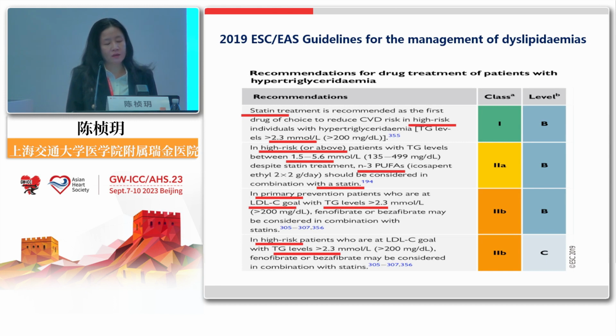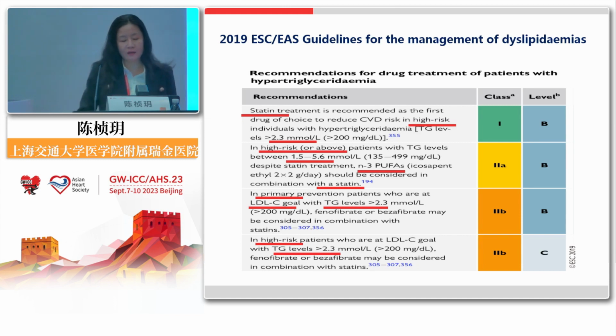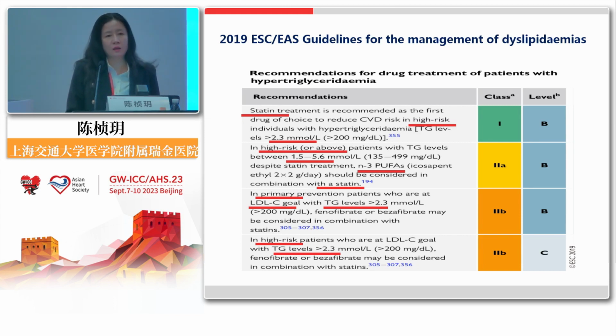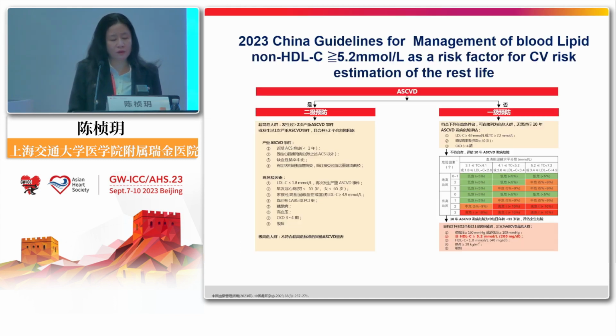In high risk and above patients with TG between 1.5 and 5.6, IPE is recommended. Otherwise, with a TG cutoff of more than 2.3, fenofibrate and omega-3 fatty acids can be used to reduce TG and CV risk.